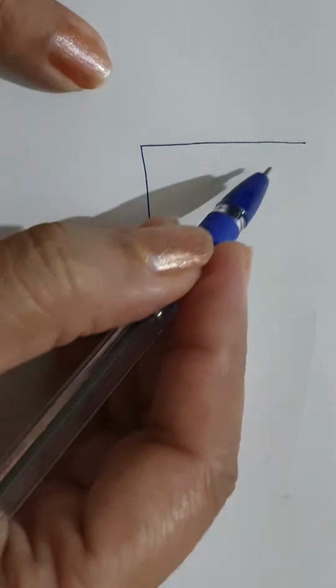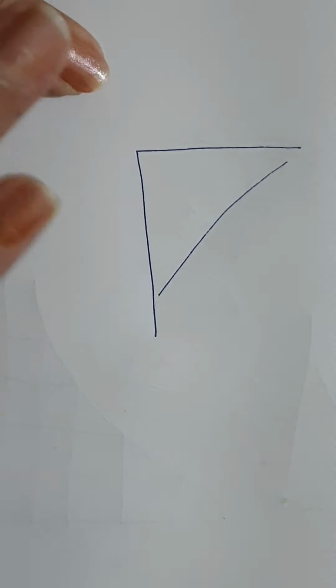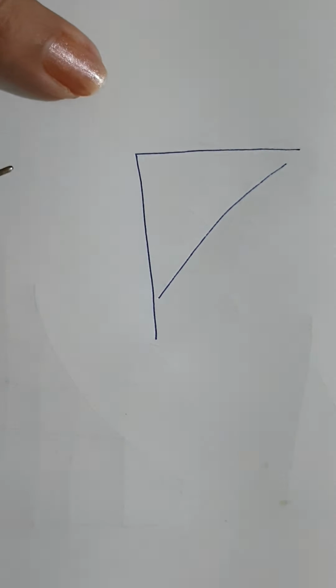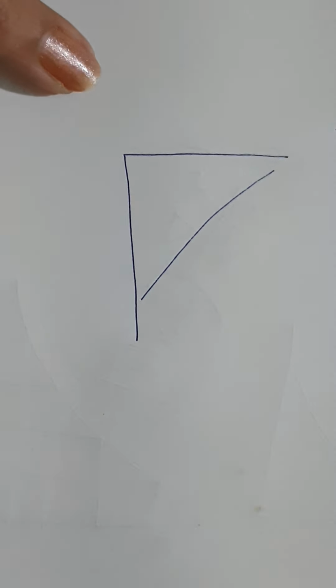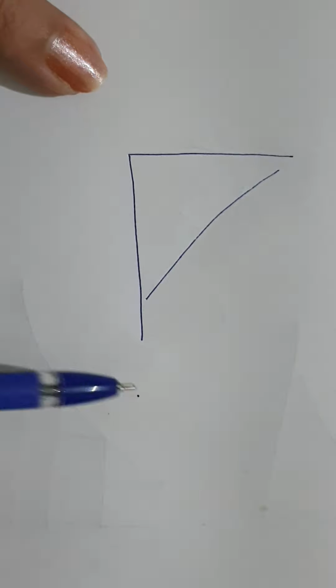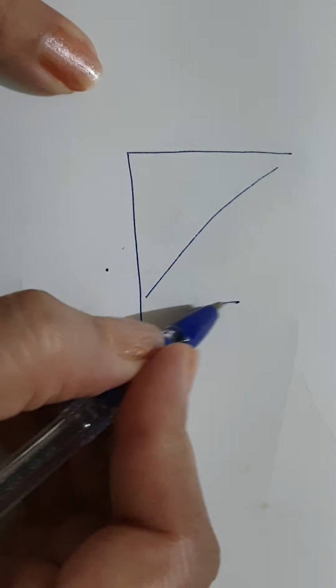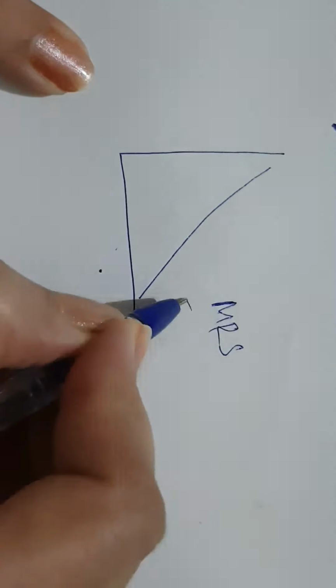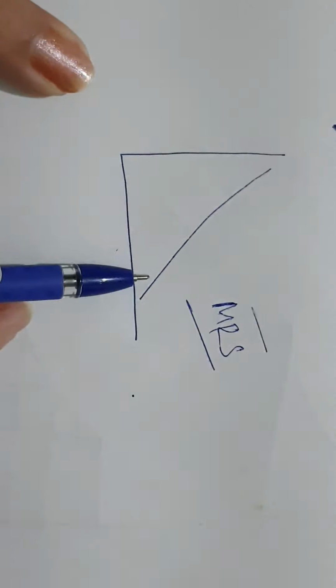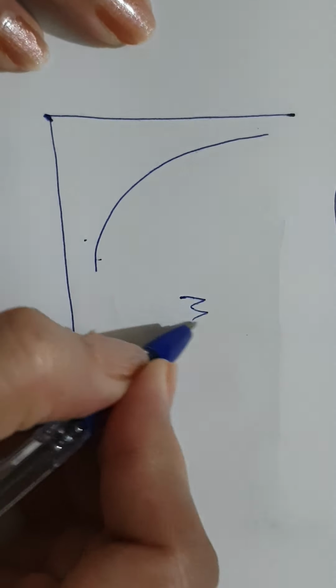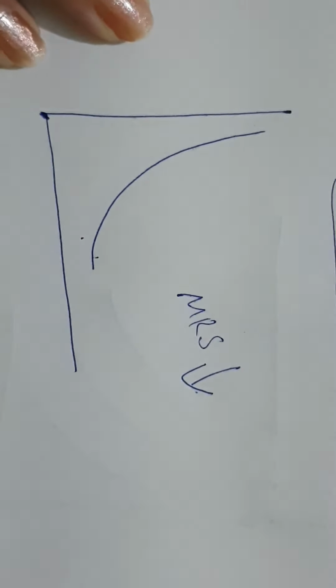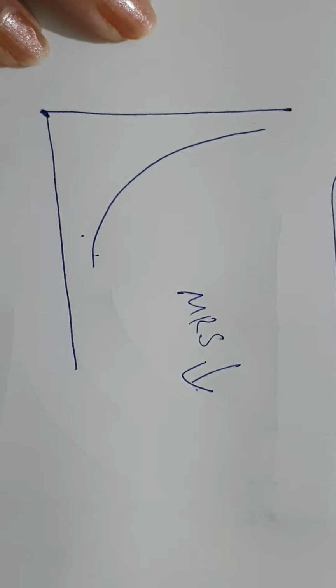Suppose the indifference curve is like this. It is not convex or concave, it is a straight line. If in some particular case we have this type of indifference curve, our marginal rate of substitution will be constant. It will neither increase nor decrease. When our indifference curve is like this, the marginal rate of substitution is decreasing, I mean to say its slope is decreasing.